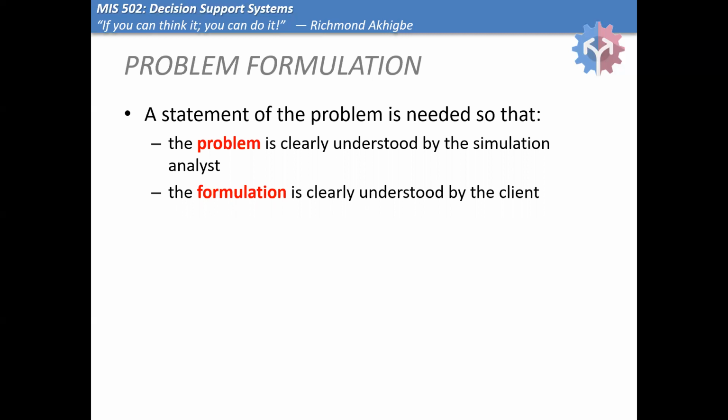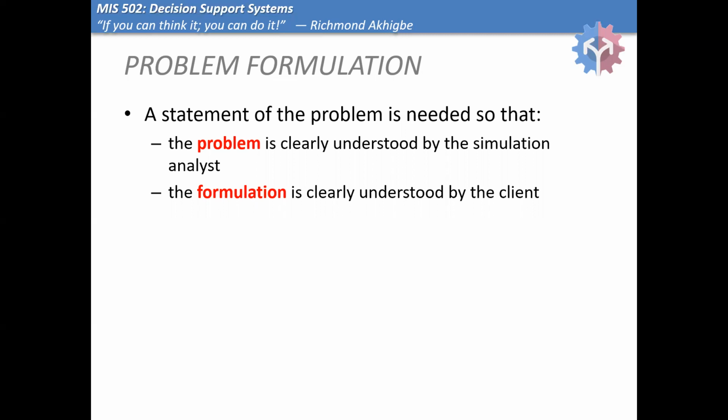But the problem statement should be in a way that it must be clearly understood. Now, this is just like an introduction to your report, right? So you don't have to worry if this is sufficient or not, because it is followed by a few more things that will make things more clear. Okay, so keep it as a general statement, but still good enough to understand whatever is going on.